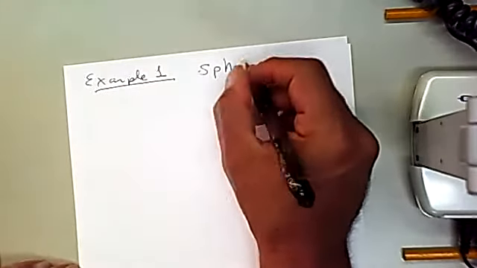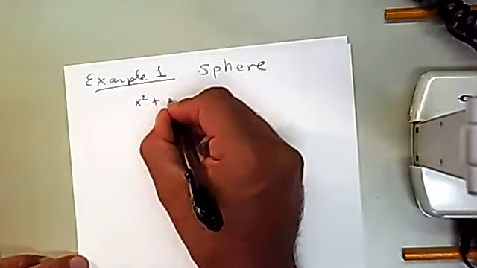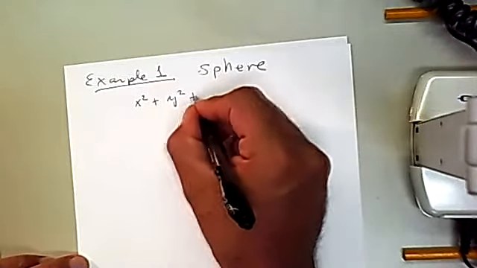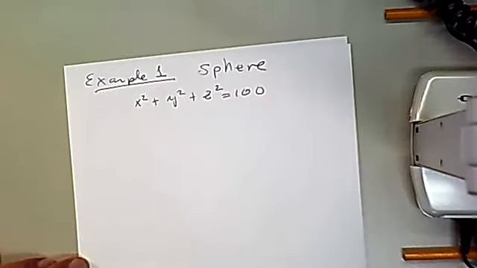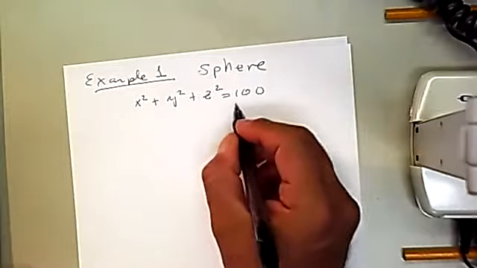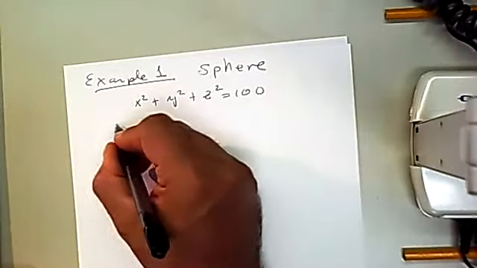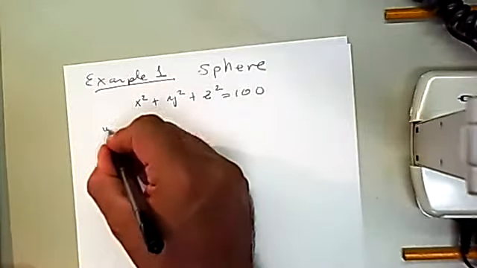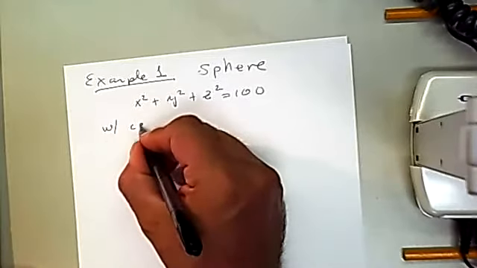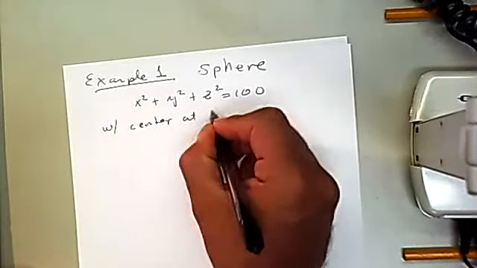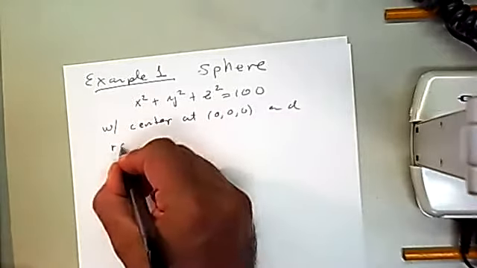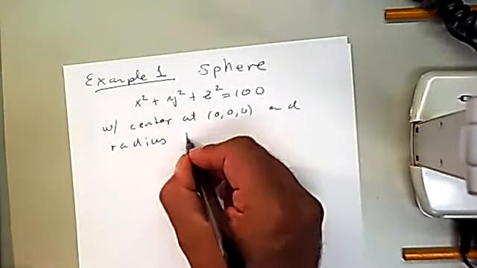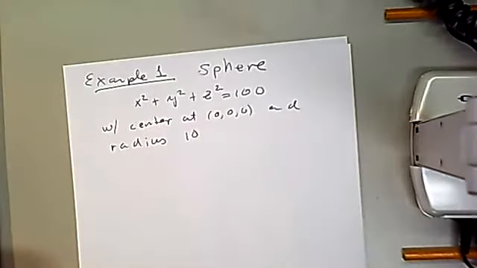If we have the equation x squared plus y squared plus z squared equal to 100, that is a sphere centered at the origin. So a sphere with center at 0, 0, 0, and radius 10, because the square root of 100 is 10.